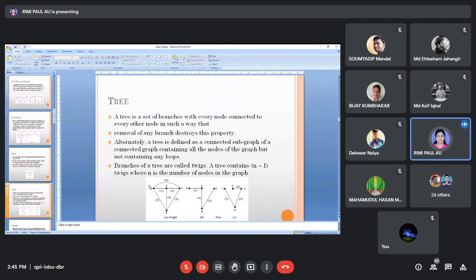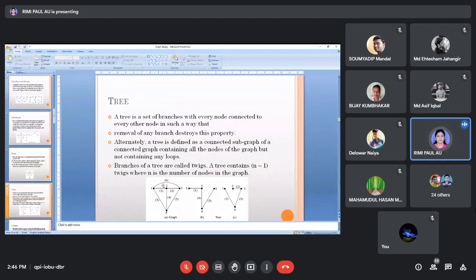A tree is a graph which contains all the nodes, but there is no closed loop. You can see that 1, 2, 3, 4, these four nodes are present. Here also four nodes are present, but you can see there is no closed path, right? So our tree contains all the nodes, but there is no closed path or any loop. That is known as a tree.